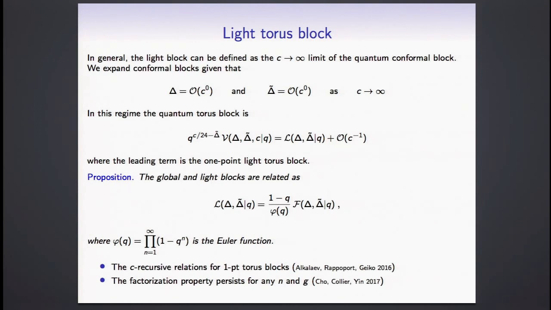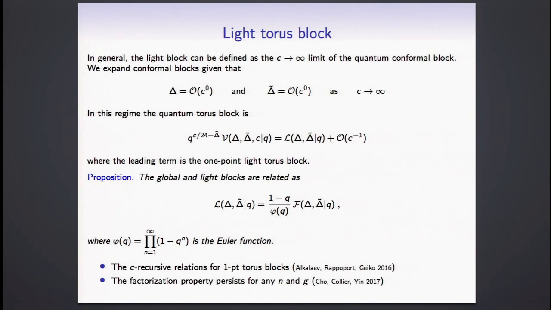So first of all, this light block in the one point case is the leading asymptotic for the so-called C-recursive relations which define one-point quantum torus blocks. And another important observation is that this factorization property is actually general for any Riemannian surfaces and for blocks with an arbitrary number of operator insertions.